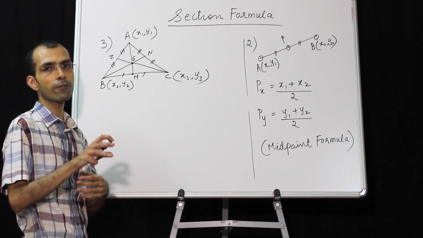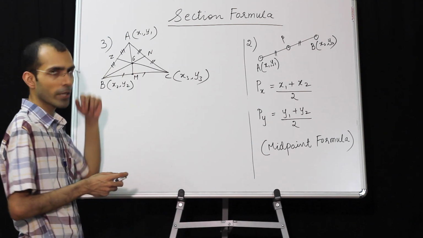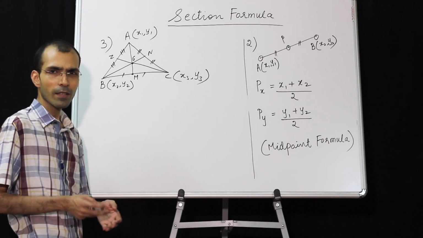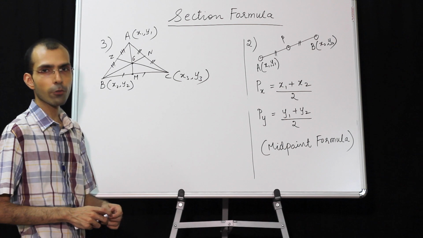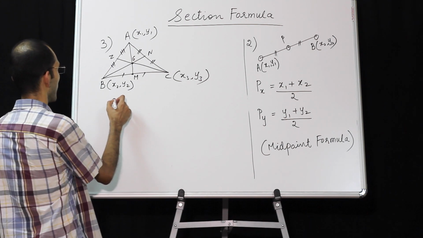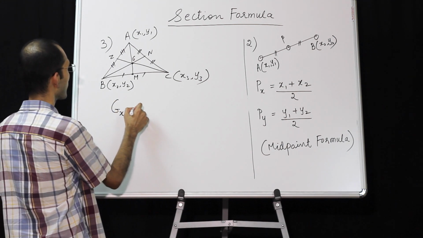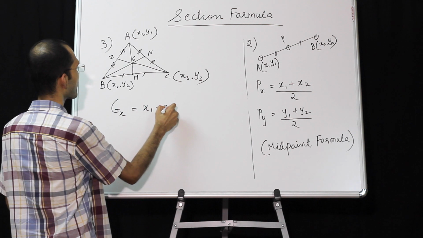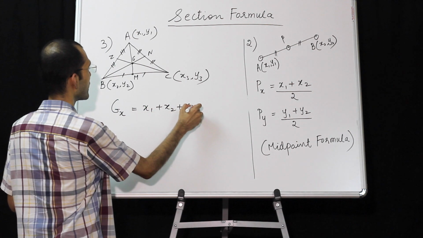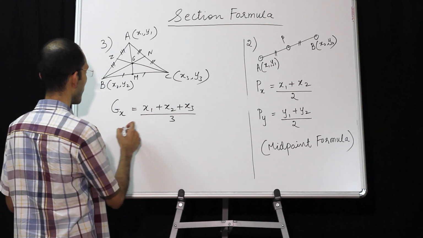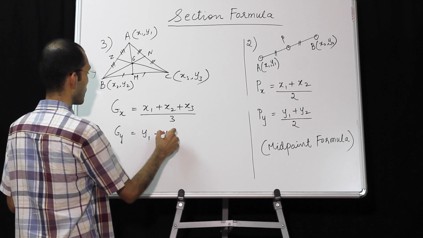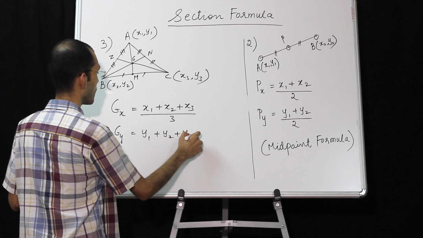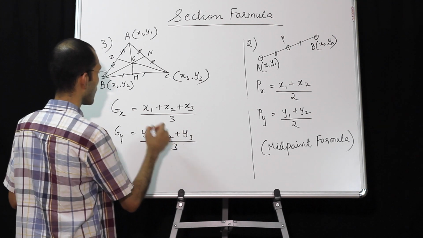By working out all those things, by using section formula we can derive centroid formula, but the derivation is not there. We are free to use directly the centroid formula, and that is Gx is x1 plus x2 plus x3 upon 3, Gy is y1 plus y2 plus y3 upon 3.